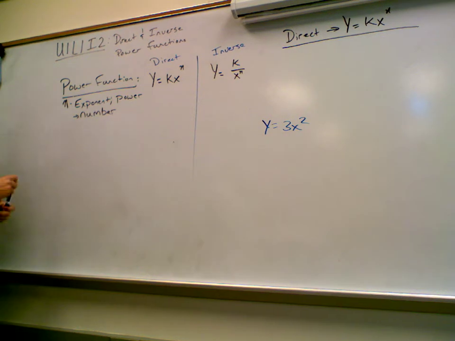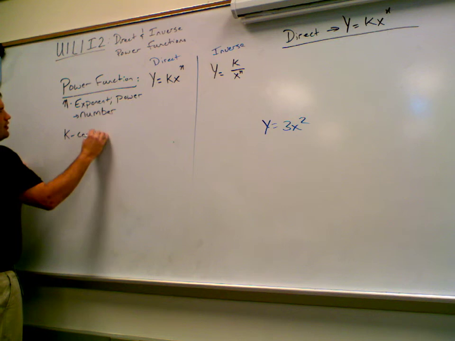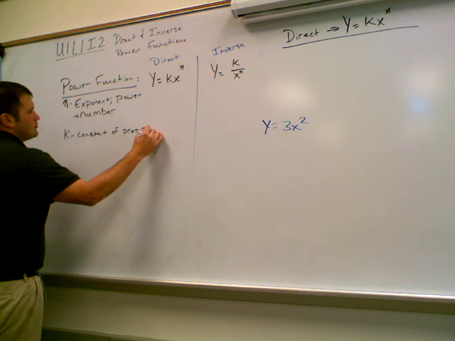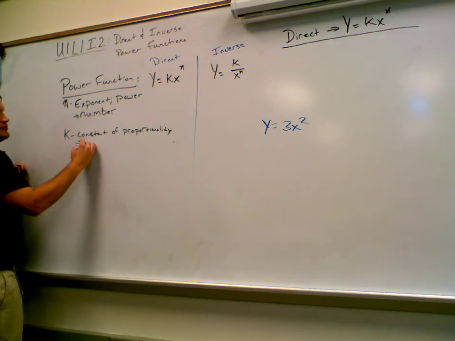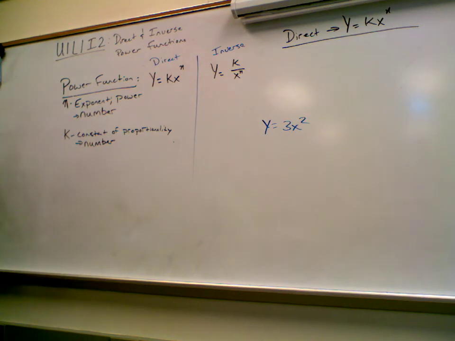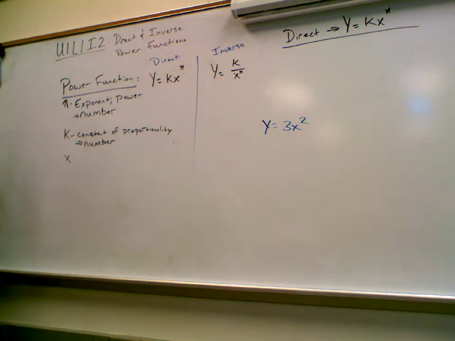What's k? Constant, right? K is the constant of proportionality. And this is also a number. What are x and y? What's x, Ricky? What is x? The special variable.